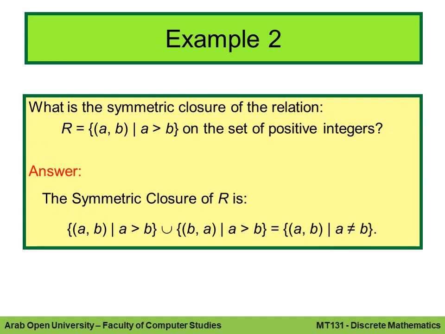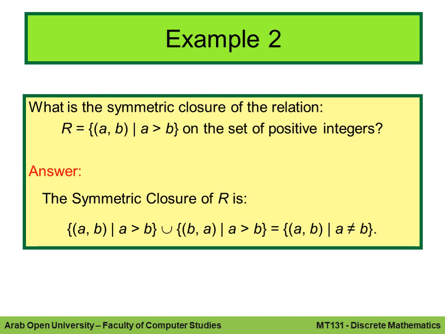Here is another example. R is the relation {(a, b) such that a > b} on the set of positive integers. What you need to do is take the union with the inverse: {(a, b) such that a > b} union {(b, a) such that a > b}. In the original relation, the first element is larger than the second element.